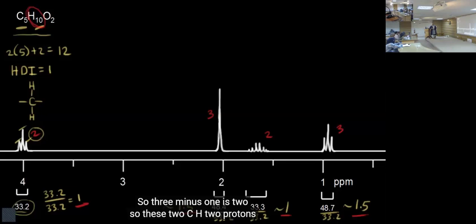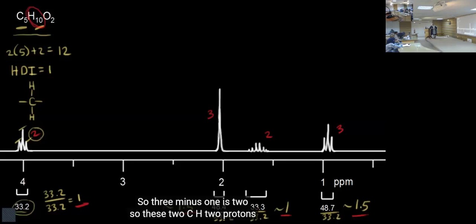Okay, and what about the signal at 2 ppm? It's a singlet. 3 protons, no neighbor. So no neighbor means it has some heteroatom attached to it. And 3 protons means CH3, and it's very downfield for a CH3.